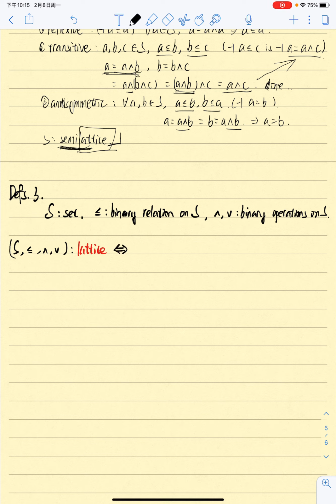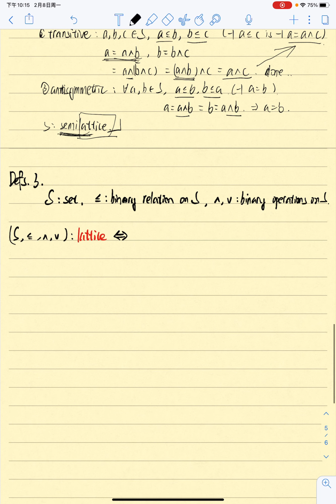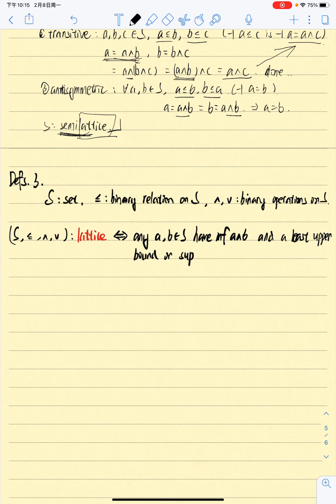If any two elements A and B have an infimum and a least upper bound, or we call it supremum, of A and B. Okay, actually this is S under the binary operation, to operation is semi-lattice.